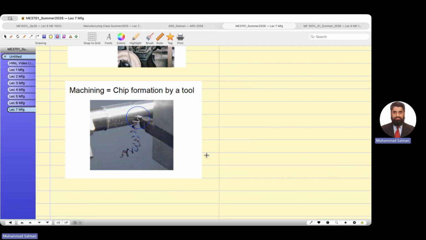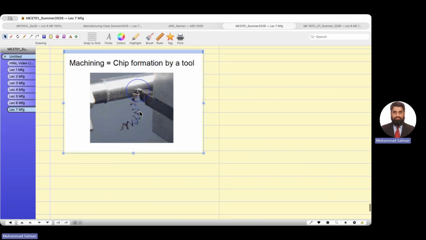What is the chip area? How much chip is coming out of the workpiece? We call this MRR. In the question, you will see how you find out the material removal rate, MRR. It is known as the material removal rate.